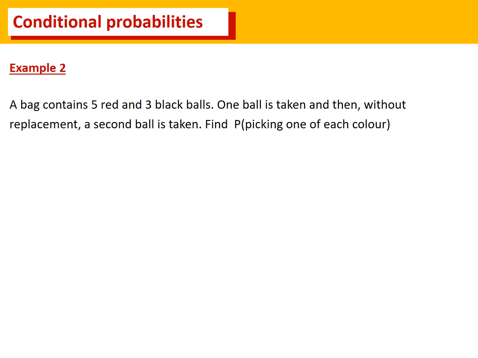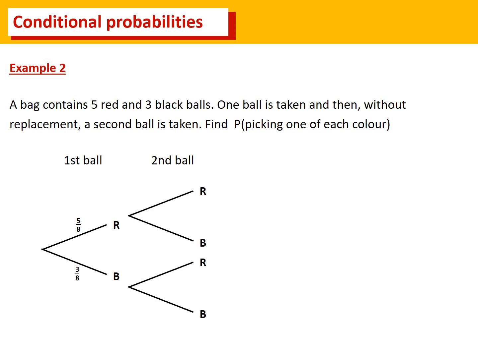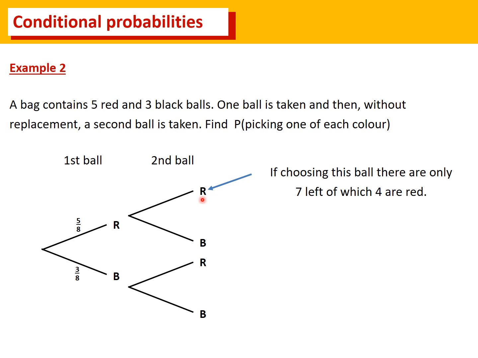Here again, we're looking at a second example, choosing balls from a bag without replacement. So there are 8 balls in the bag altogether, 5 red, 3 black. So that's 5 eighths and 3 eighths. That's standard. But now when we're choosing our second ball, we have to be careful, have to do a little bit of thinking. The probability of a red with our second ball is dependent on what's occurred first.